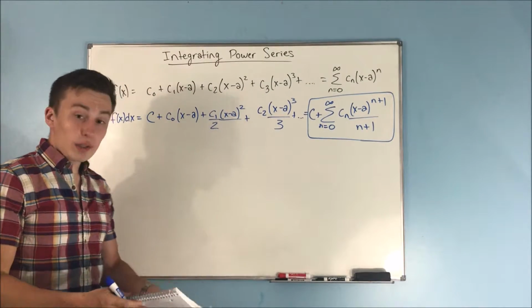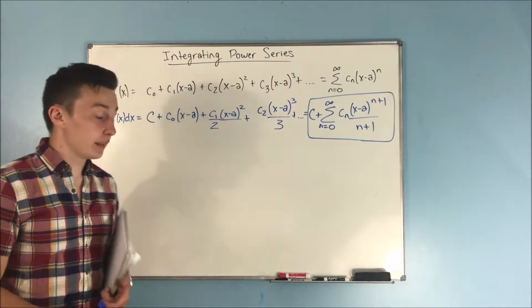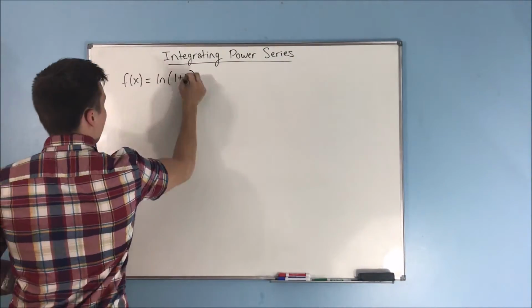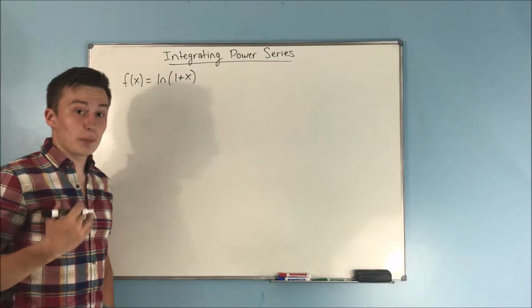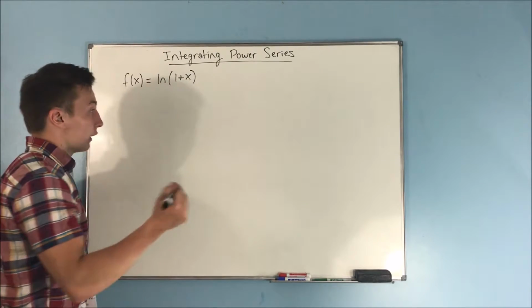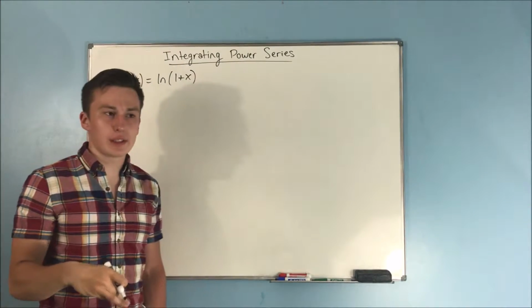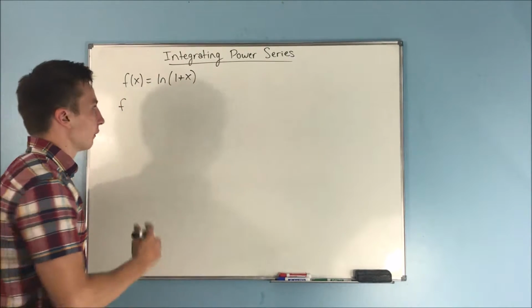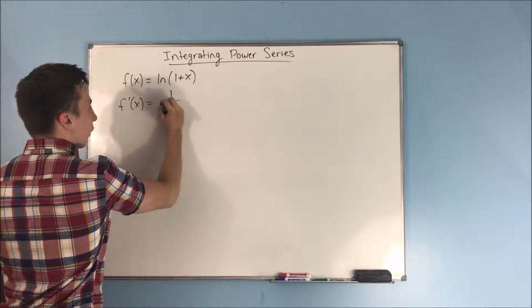All right, so let's do an example of when we should integrate a power series. We want to describe this function, natural log of 1 plus x, as a power series. Well, what we can do to start off here is take a derivative. I know that's weird because we're talking about integrating power series here, but we're actually going to take a derivative to start. Now we know that the derivative of this will be 1 over 1 plus x.